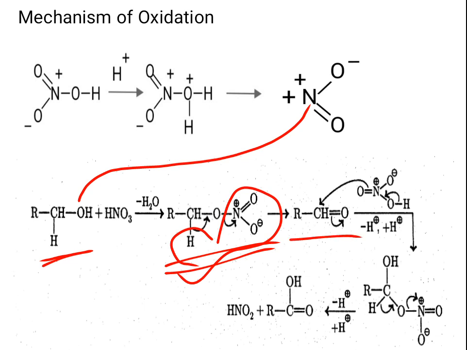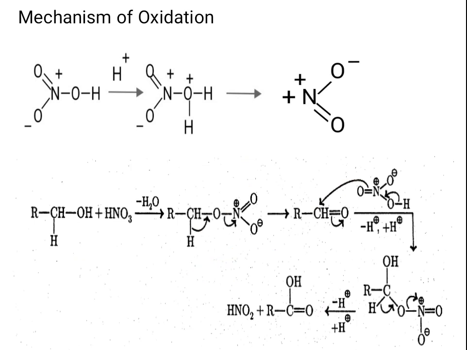And then again another molecule of nitric acid will come and attack this aldehyde group. So ultimately you will get a carboxylic acid. This is the mechanism of the nitric acid oxidation.